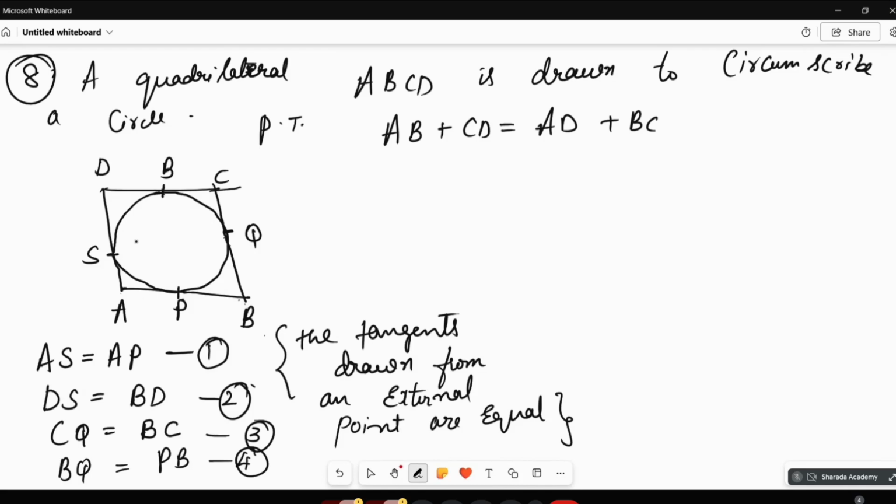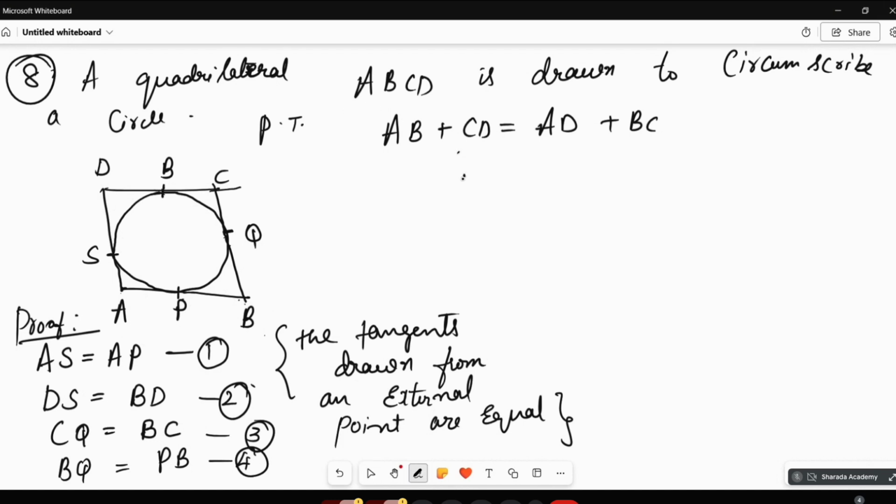So I have drawn the diagram. In the proof, say what we have got and from which theorem we are getting it. And while writing the equations, write in such a way that AS and DS come on one side, AP and BP on one side, and so on, so that when you add them, you get a straight line, like AS plus DS becomes a side.